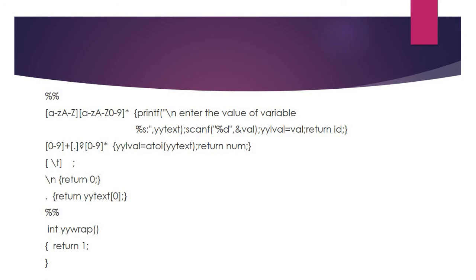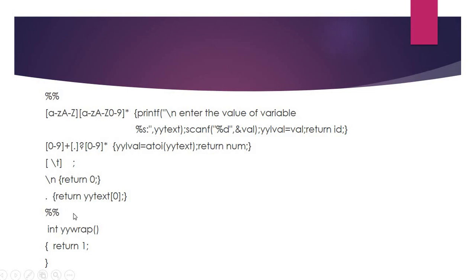Then if any other single character is to be recognized, we use the dot. For example, if you want to recognize open parenthesis or close parenthesis, plus, star, minus, mod, division and all those operators, this dot metacharacter will be used here, and in such a case yytext[0] will be returned.